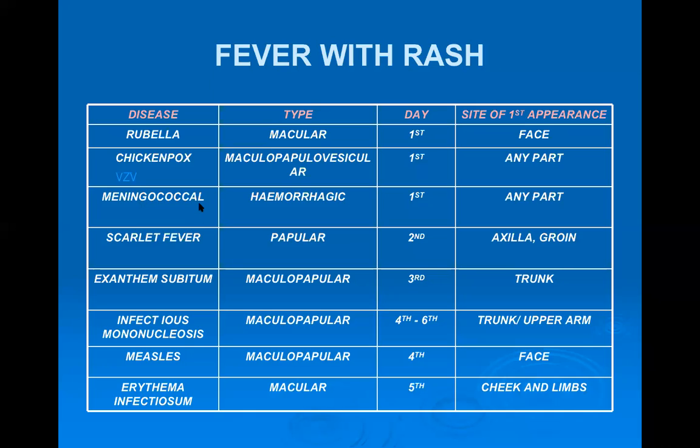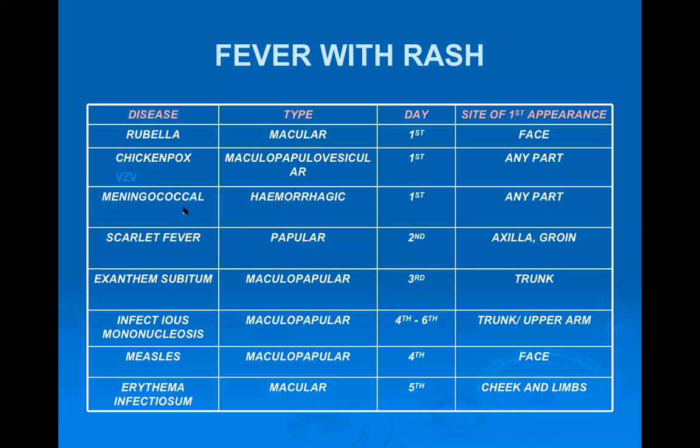The third important disease which causes fever with rash is meningococcal septicemia, and of course it is caused by meningococci or Neisseria meningitidis. This is a type of bacteria. It leads to hemorrhagic rash, hemorrhagic and necrotic rash to be very precise. The rash occurs on the first day of illness, and it may appear on any body part.